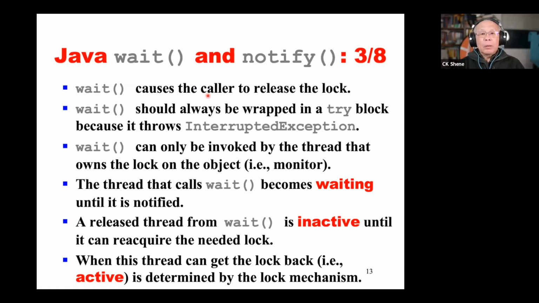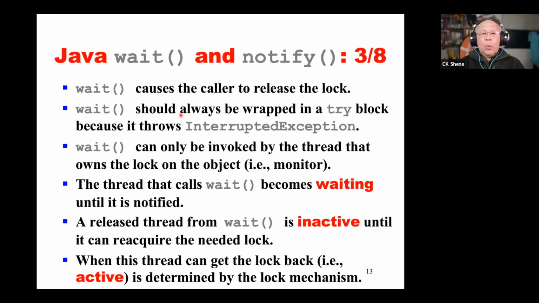So that means a thread enters a common object by acquiring the corresponding lock. And if the thread wants to wait for something, to wait for an event to happen, that thread calls wait. No matter what, when you call wait, the thread must release the lock implicitly. So when a thread calls wait, that thread would not be the owner of that lock.